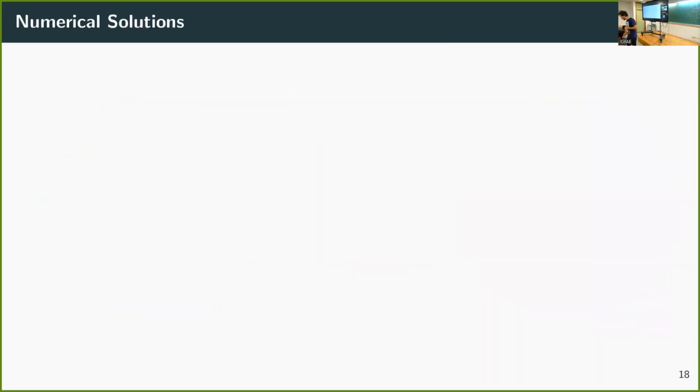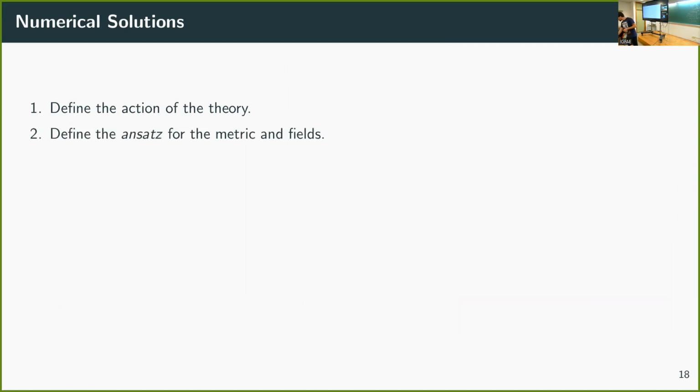So before I start showing the results, let me just give a brief history, let's say, about the numeric solutions that we obtained throughout my PhD. The main idea is always the same. You start with an action for a theory. It can be anything that you want to consider. You then define an ansatz for the metric and the fields, if there are any. With that, you define the ansatz functions within the metric and the fields.